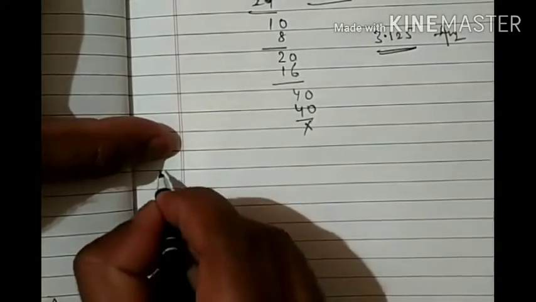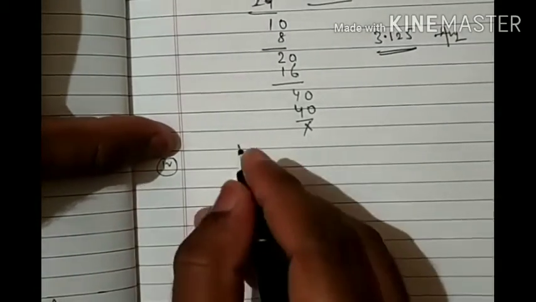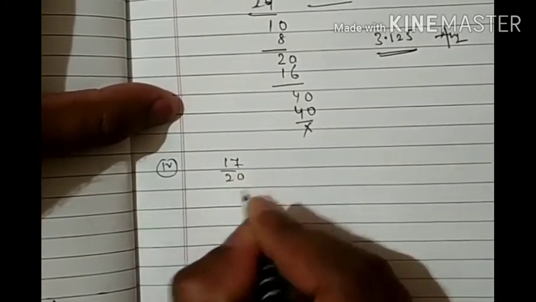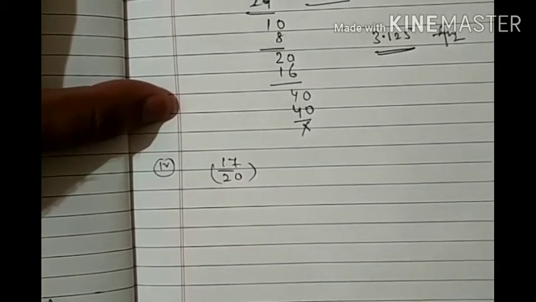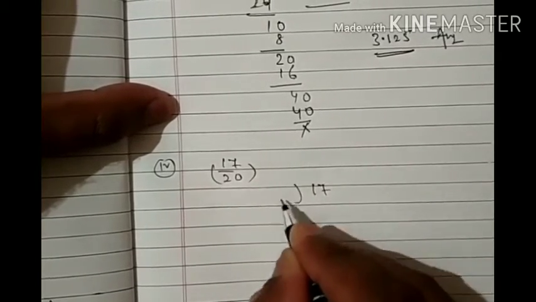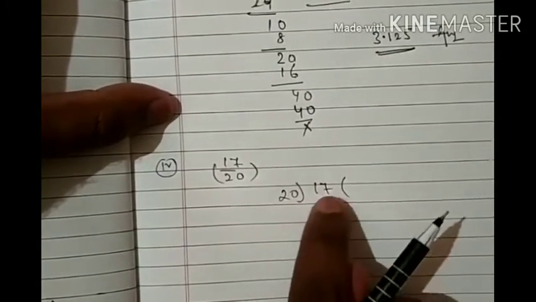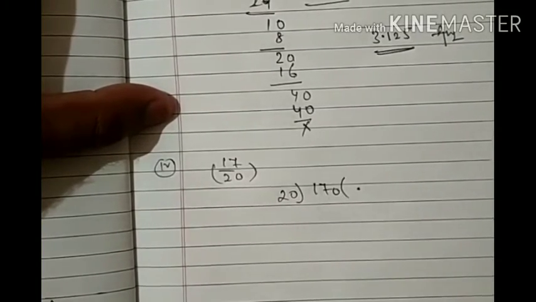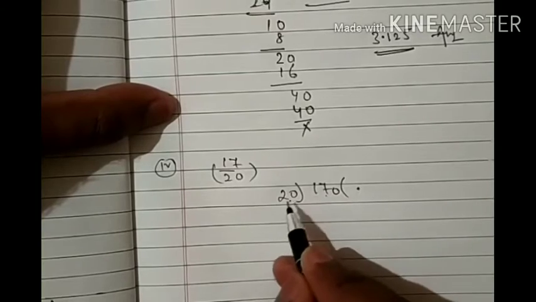Let's take the last example, that is 17 by 20. How can we do it? We will simply divide 17 by 20. We cannot divide 17 by 20. We will put a point over here. What do we get? 0. Then 170 will be divided by 20.